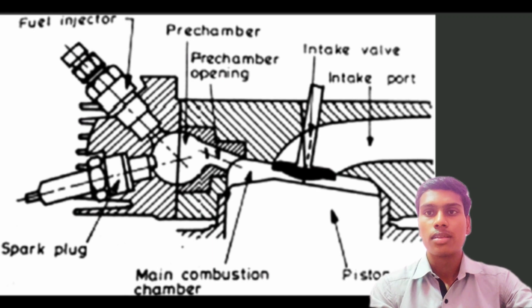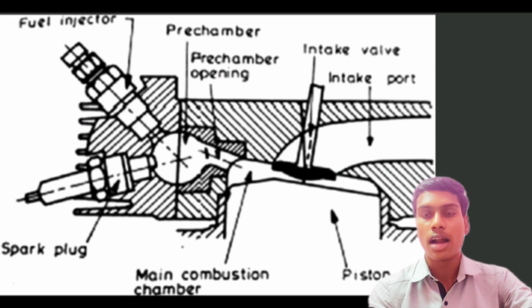So this air fuel mixture is injected near the spark plug to increase the amount of mixture there, and on the other side of the combustion chamber, the amount of air fuel mixture is very lean. Lean means it is very low. So in stratified charge engines, the main purpose is to increase the air fuel mixture near the spark plug of the combustion chamber.